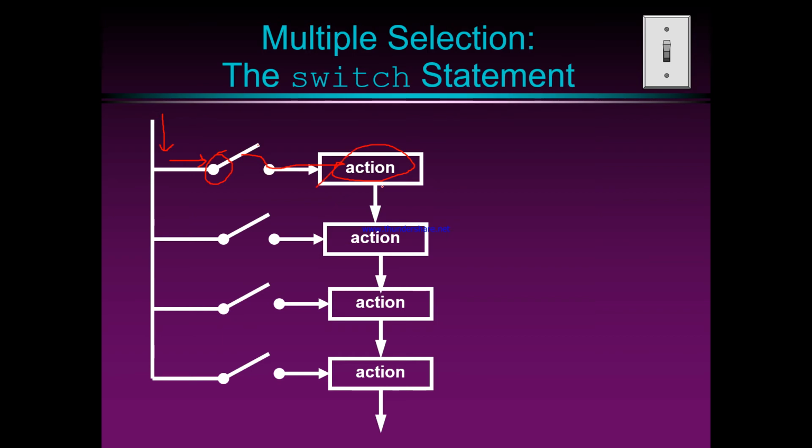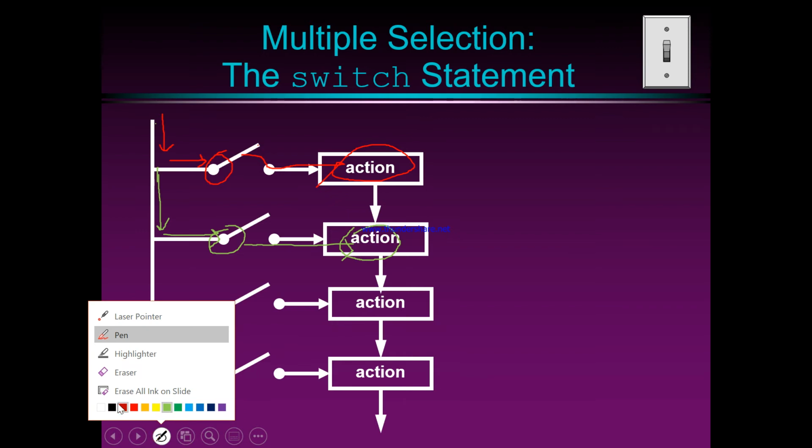And if it does not match, then the execution will come through this pipeline straight away to the next. In this case, the second case will be matched. If it matches the second case, the execution will come to action 2. You can see that.